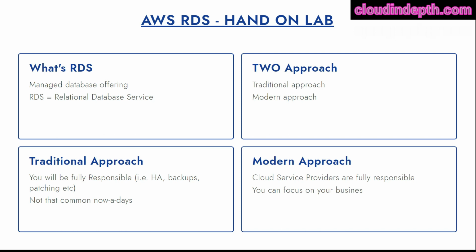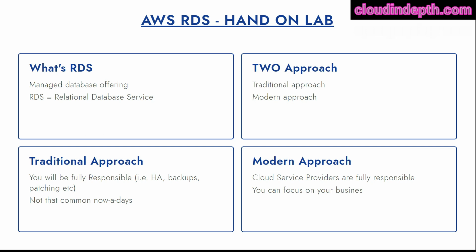Rather, you can go with the modern approach. In the modern approach, you will use a managed database instance from one of the cloud vendors like AWS, Azure, or GCP. And the main advantage of having a managed database instance from them is that they will be fully responsible for managing that instance, and you will keep focusing on implementing your business functionalities, right?